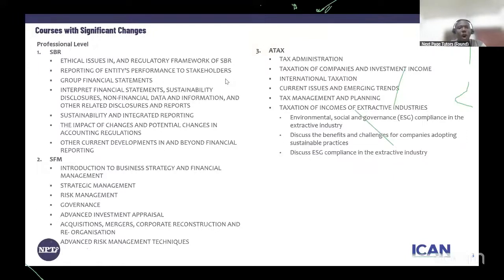They also took out a lot of content. Professional students who have maybe seen the content of SFM before are going to notice that you are not even seeing cost of capital here anymore. You are not even seeing CAPM here anymore. It's because they've taken it to financial management.